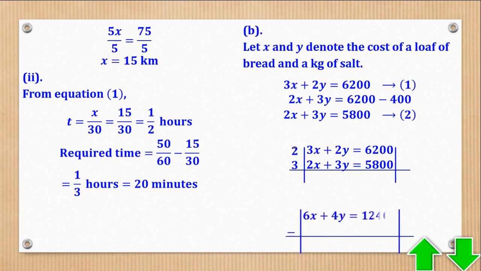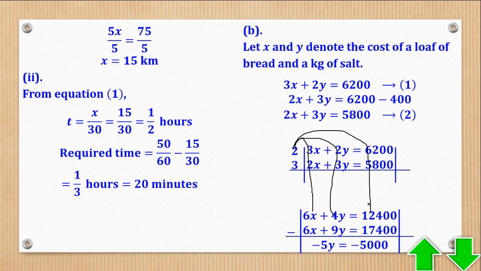So when I do that, I'll come up with 2 by this is 6x, 2 by this is 4y, 2 by this is 12,400. Then 3 by this is 6, 3 by this is 9, and 3 by this is 17,400. So when I subtract, this goes away. This gives me negative 5y, and this gives me negative 5,000.